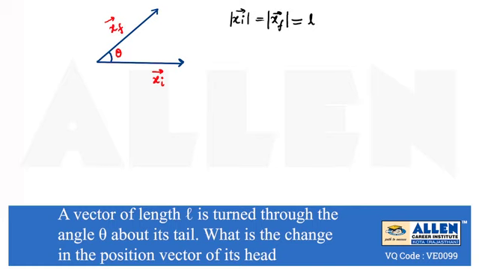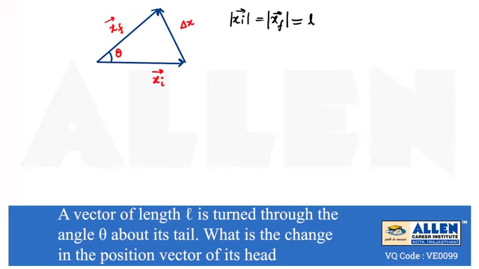Now we have to find what is the change in position of its head. Initially head is here, and now after rotating the vector, head reaches to this point. So this is representing change in position of its head. So we have to find this vector. Suppose it is represented with the help of delta x.